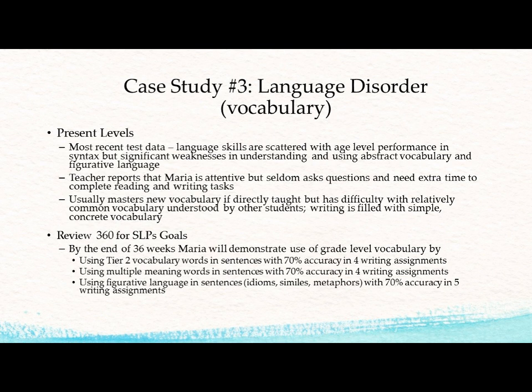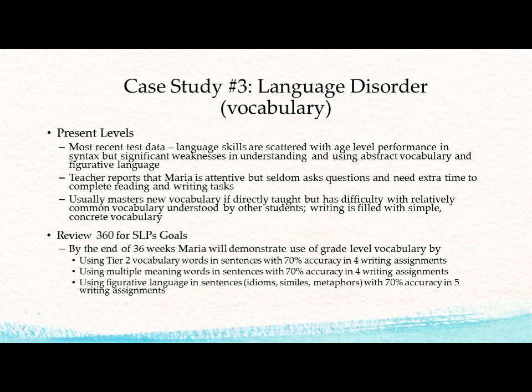Note that in your data collection system for Maria, you will have to specify which Tier 2 vocabulary words you're working on, which multiple meaning words at 4th grade level you're working on, and which figurative language you are targeting for Maria so that you can measure against the expectations to get to 70% accuracy.